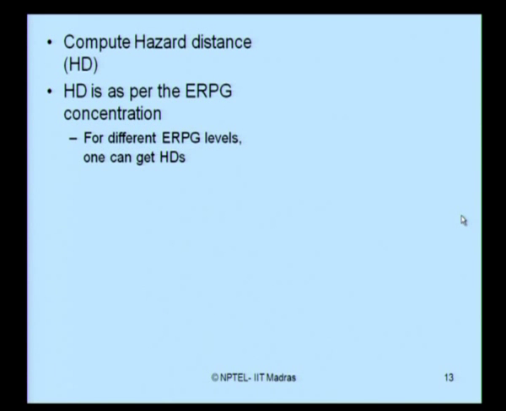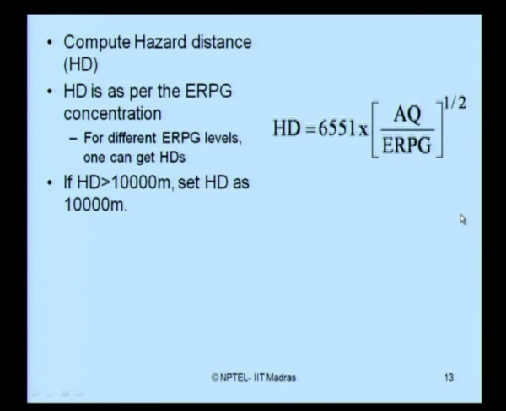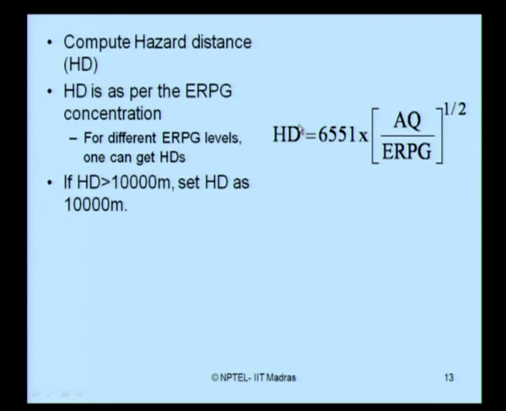Based upon the obtained CEI value, try to find what we call the hazard distance. The hazard distance is given by a simple relationship what you get here. Now, the hazard distance is as per a specific ERPG value. For example, if you substitute here ERPG 1, you get hazard distance for ERPG level 1.